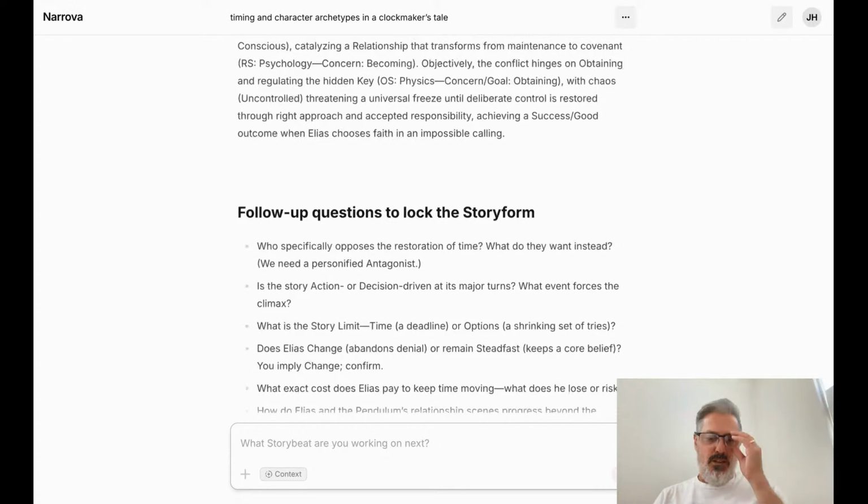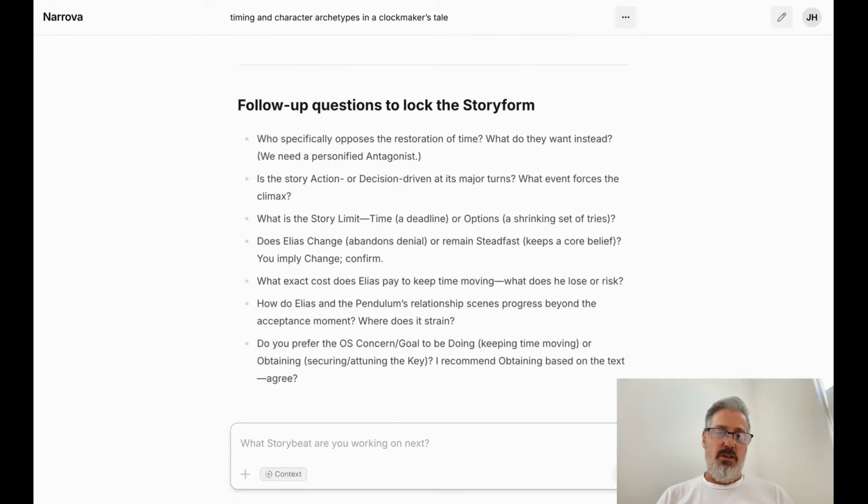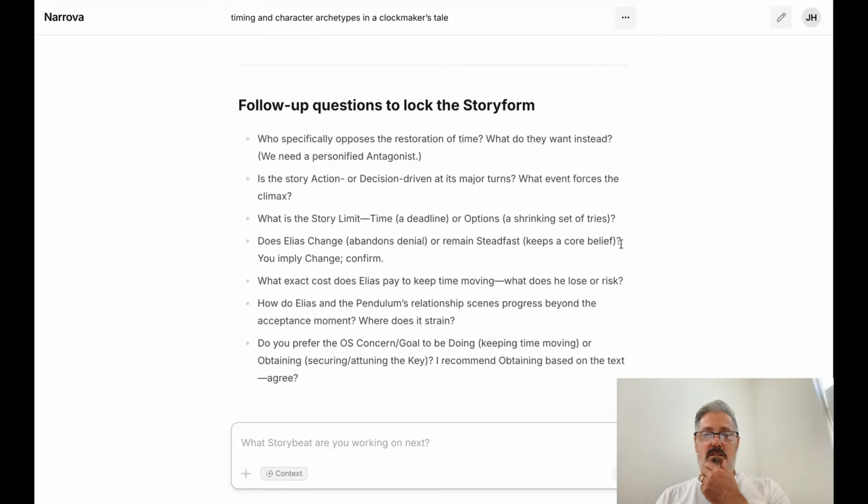If I gave you that, you would see, oh, maybe there's something here, but in the one-pager there's a lot of work we have to do to actually make it a story. Does Elias change? He abandons denial, or does he remain steadfast? Keeps a core belief. It's implied but not confirmed. That should be super obvious. Is the story action-driven or decision-driven? That's not clear. Who's the antagonist? You can't have a complete story without one.